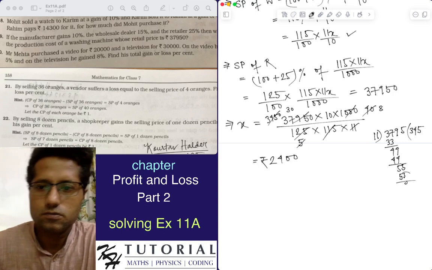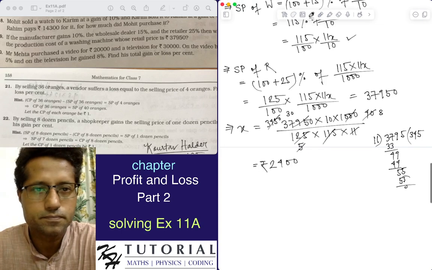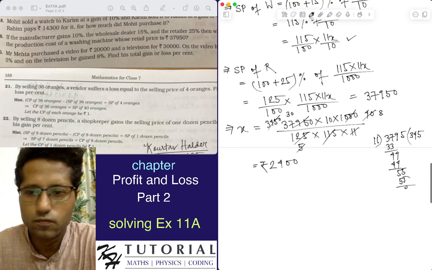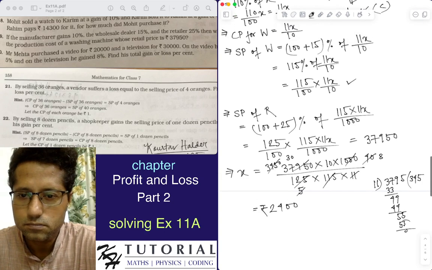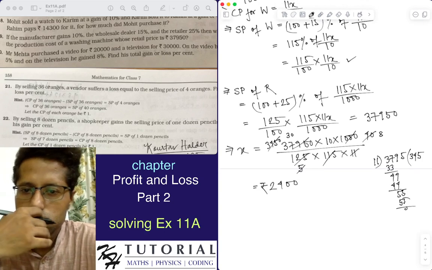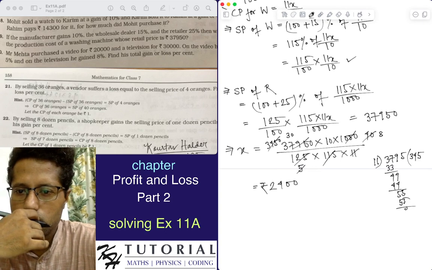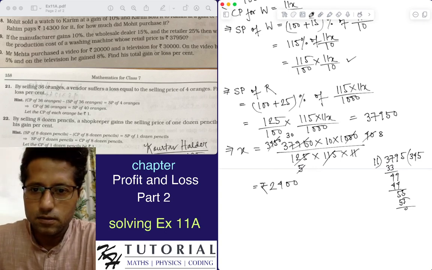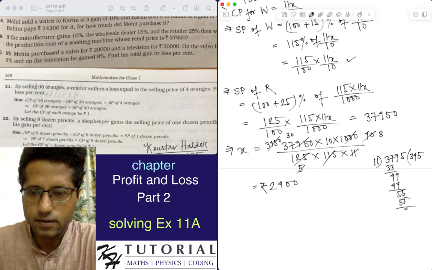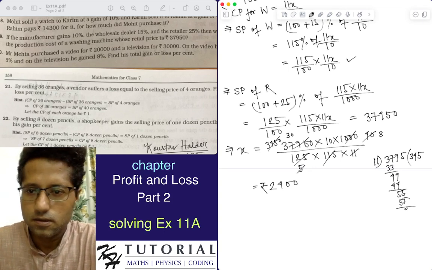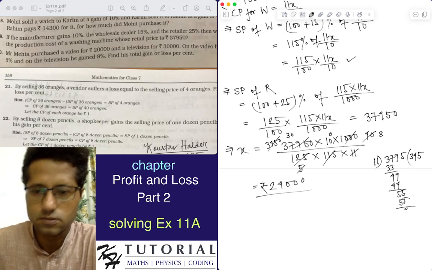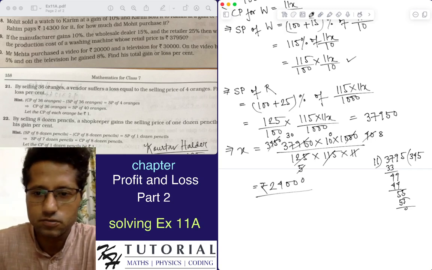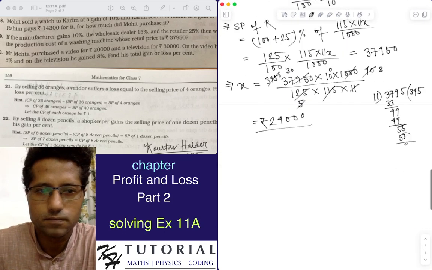How can this be so small? 2400. It should be 24000. I'm missing a 10. Oh, sorry. This was 125 by 100, and when I solved for X, this will not be 10 but 100. So this is 24000. Now this is fine. So the production cost is rupees 24,000.